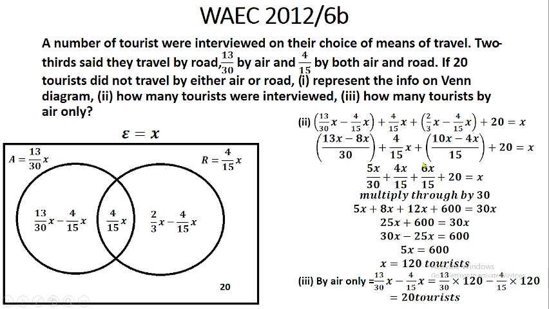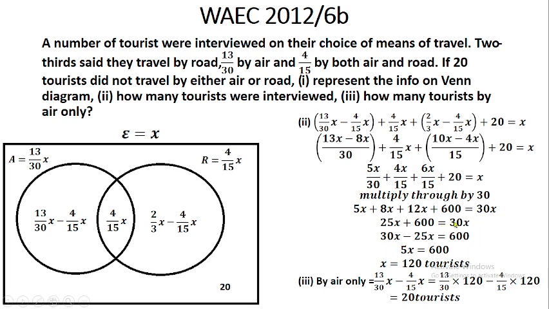Plus 30 times 6x over 15: 15 in 30 gives us 2, times 6x gives us 12x. Plus 30 times 20 gives us 600, equals 30 times x, which gives us 30x. So we have been able to multiply through by 30, and this is what we have left. 5x plus 8x plus 12x gives us 25x, plus 600 equals 30x.